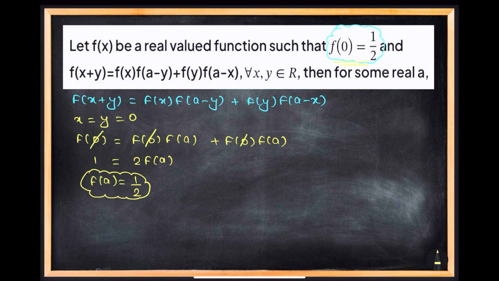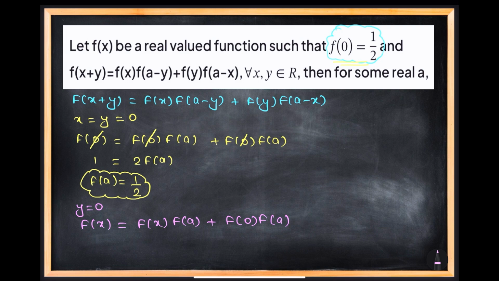Now the point is we need to calculate who is f of x. Now you have two pieces of information that you have extracted, that f of 0 is 1 by 2 and f of a is 1 by 2 again. And your motive was to calculate who is f of x. So for the time being, can I replace y with 0 and see what happens? So we have f of x equals f of x f of a plus f of 0 f of a.